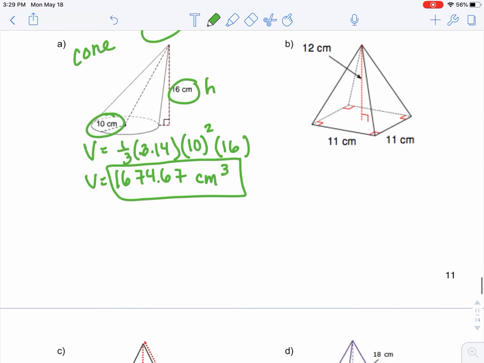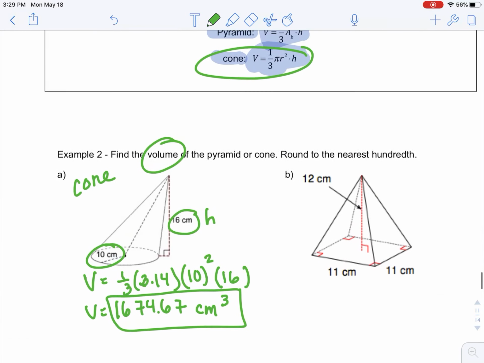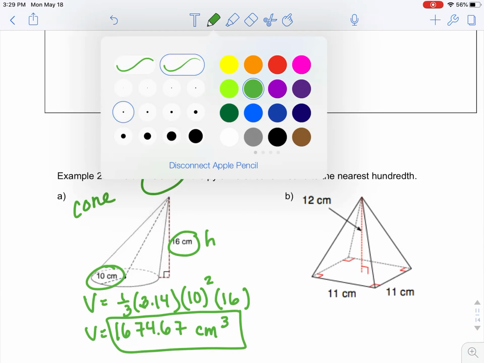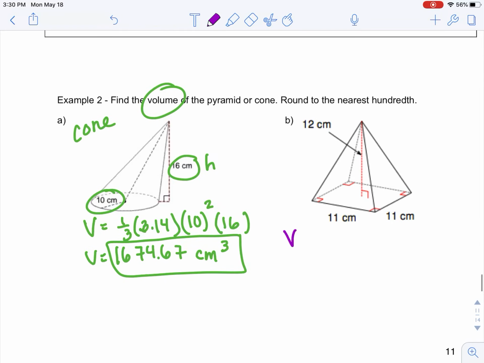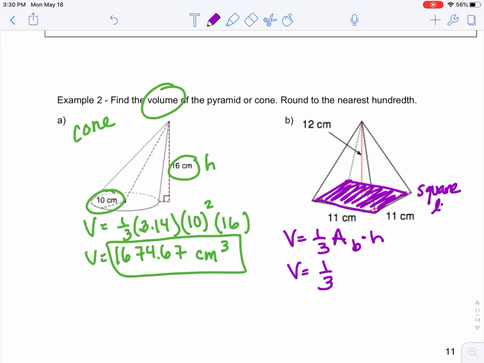Okay, for letter B, this is an example of a pyramid. So for the pyramid, we're using this formula up here, 1/3 area base times height. So let's try that. Volume equals 1/3 area of base times height. So this is my base down here, and I need to find the area of that. Well, that's a square, so the area is just length times width, which is just 11 times 11.